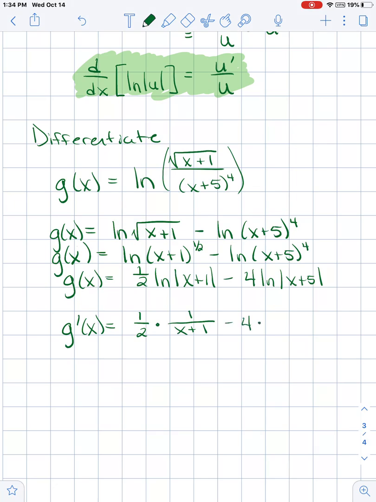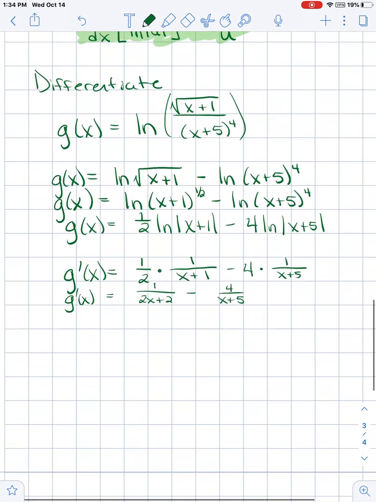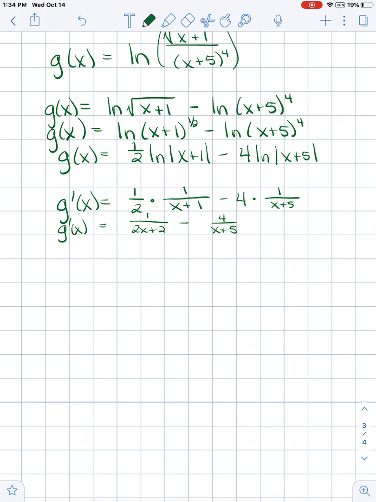And then 4 times u prime over u. In this case, u is x plus 5, u prime is 1. If I multiply those out, I've got 1 over 2x plus 2 minus 4 over x plus 5.